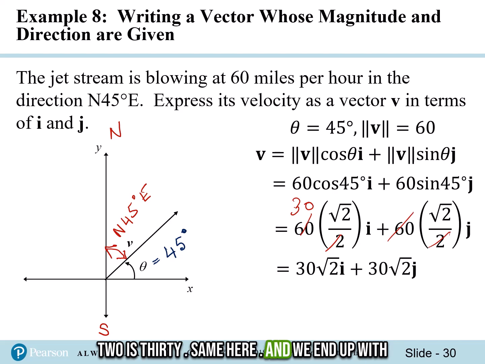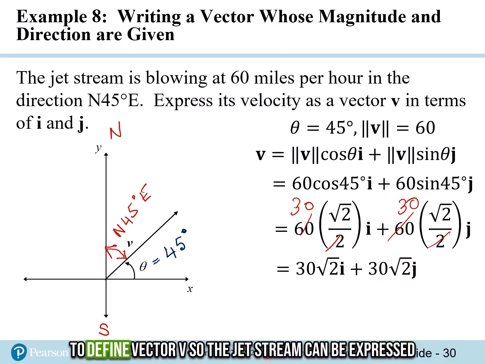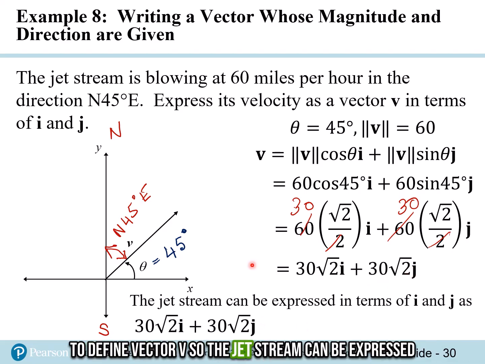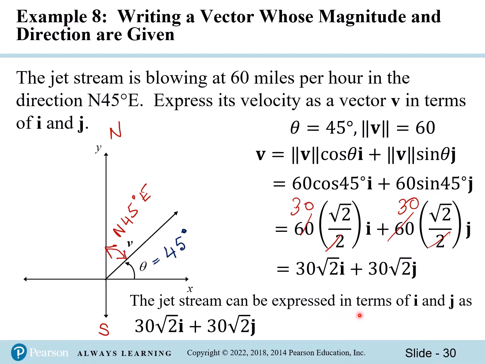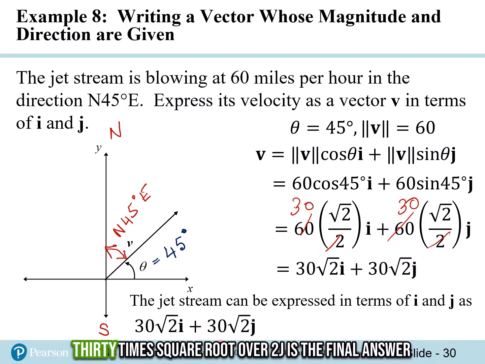Same here. And we end up with 30 times square root of 2 i plus 30 times square root of 2 j to define vector v. So the jet stream can be expressed in terms of i and j as 30 square root of 2 i plus 30 square root of 2 j, which is the final answer.